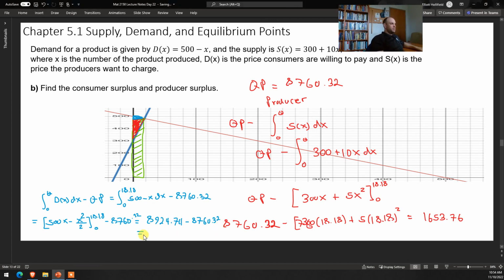And I got 164.42. So now we've found both the consumer and the producer surplus.